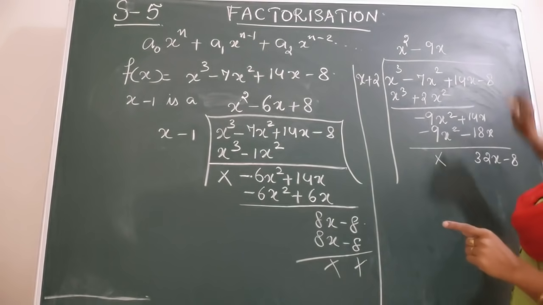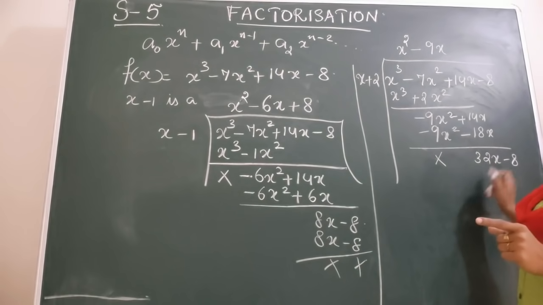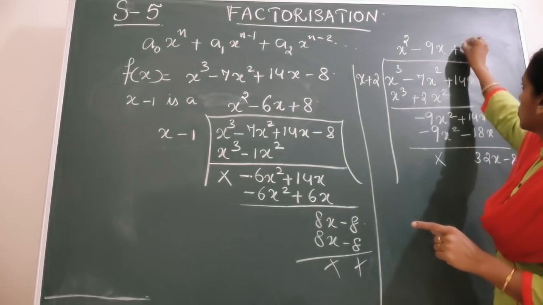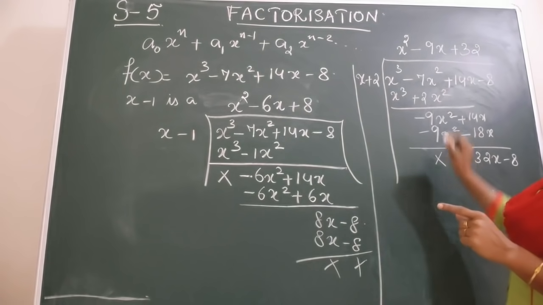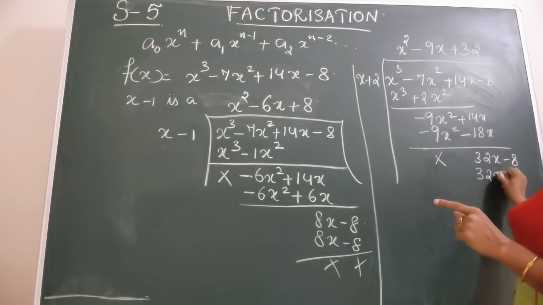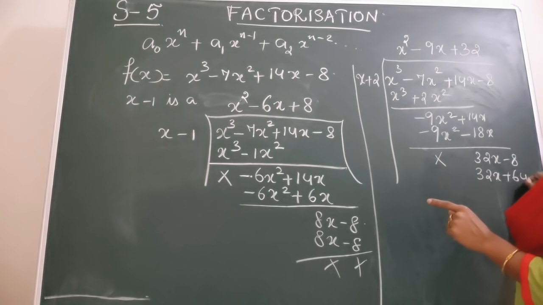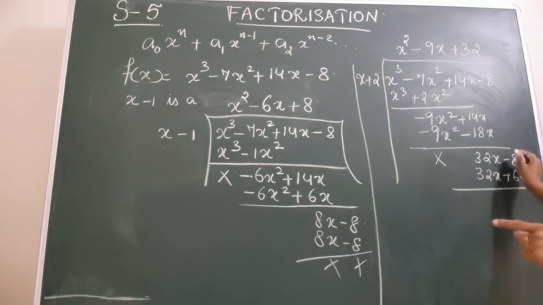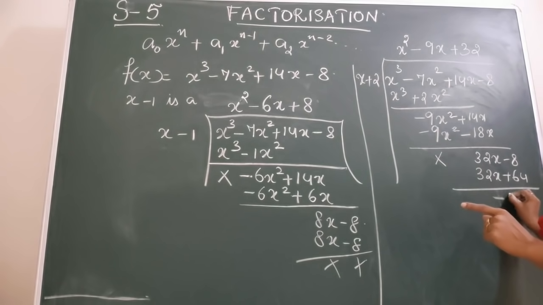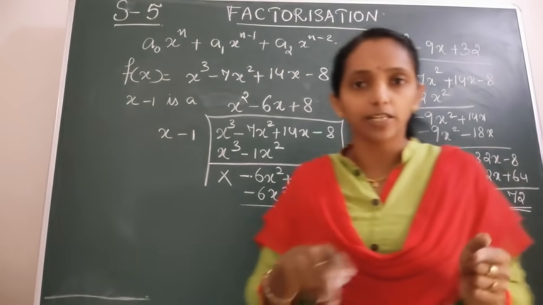Next term you have to multiply with will be plus 32. If you are multiplying, you will get 32x plus 64. While taking out the remainder you are getting minus 72.